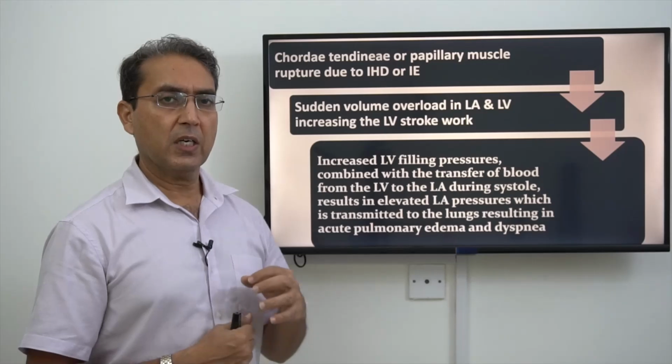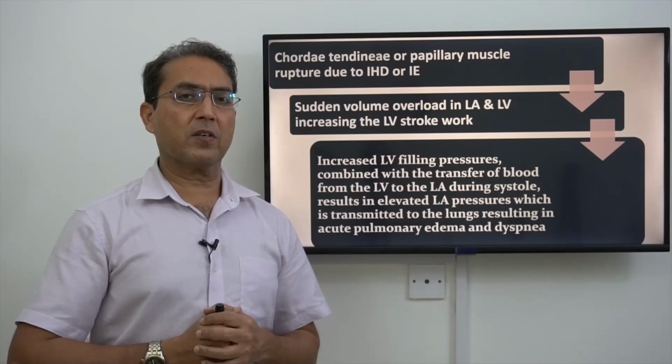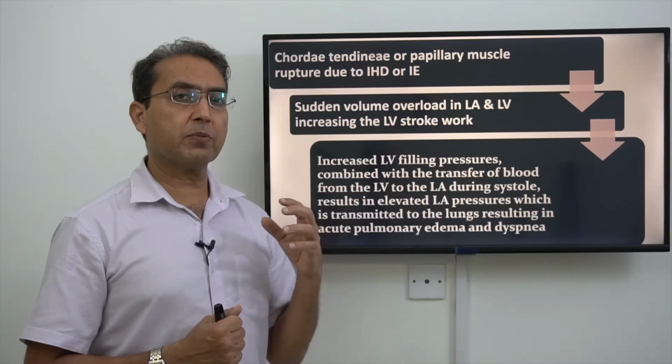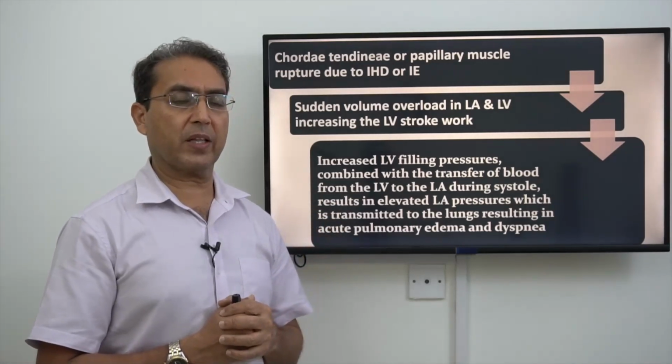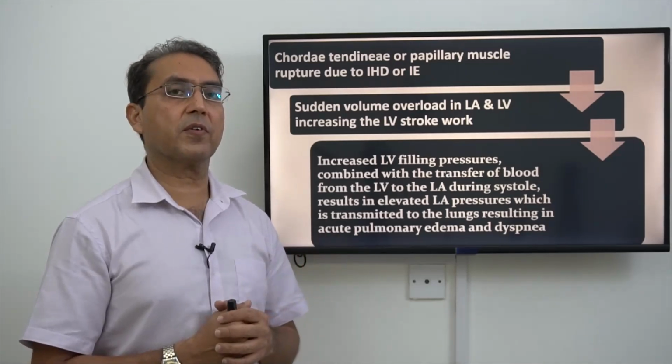The patient presents with sudden onset of pulmonary edema, especially patients who have had a myocardial infarction. On the third or fourth day, if they develop sudden onset of shortness of breath, either there is a rupture of the papillary muscles or there is rupture of the interventricular septum.